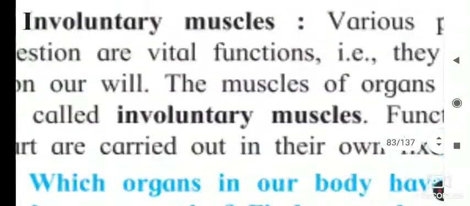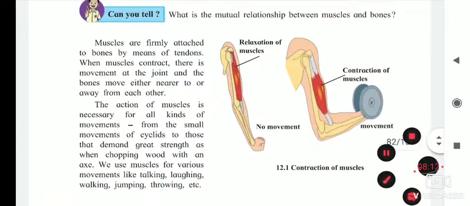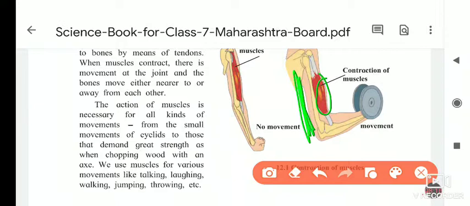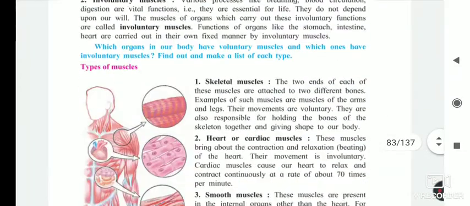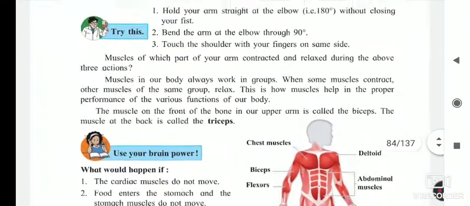The upper part contracts, and the muscles which are present below the bone are relaxed. When you relax your hand, the backside muscles contract and the front muscles relax. This process goes on when you are folding your hand.